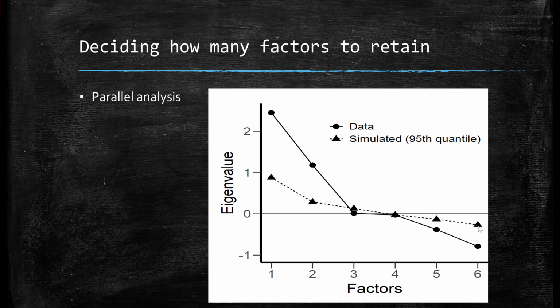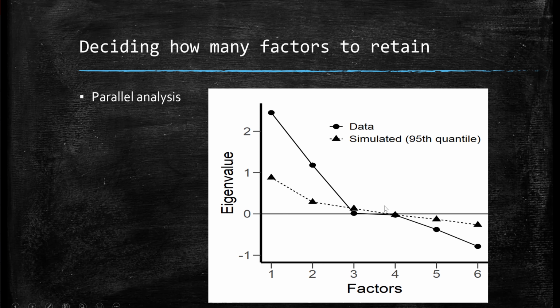So just randomly generated garbage data, and then it will give you the eigenvalues. And here this will give the 95th percentile rank for those eigenvalues. So basically the higher end of the eigenvalues that resulted from the garbage data, the randomly generated data.